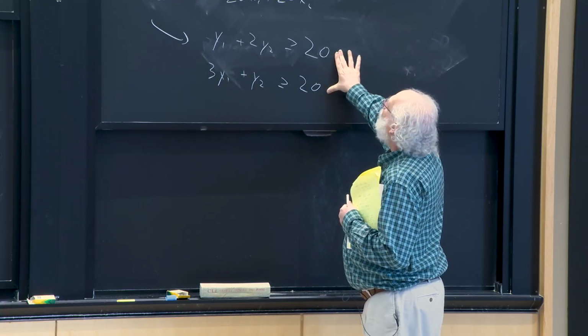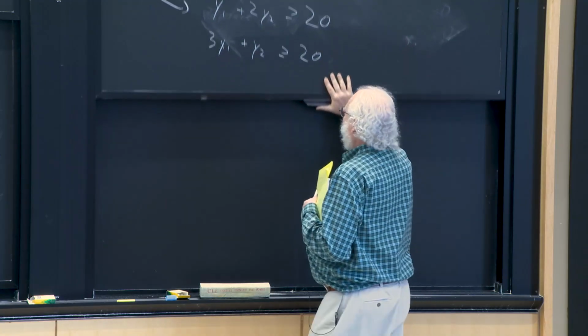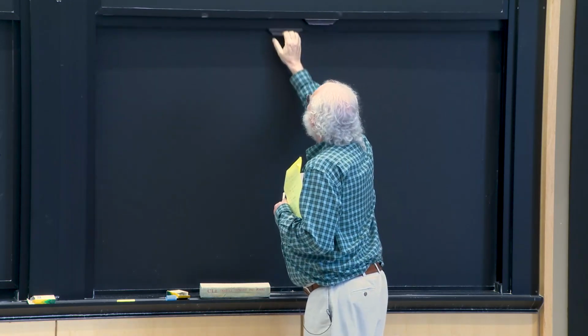So suppose we found y's like this. What would we have?